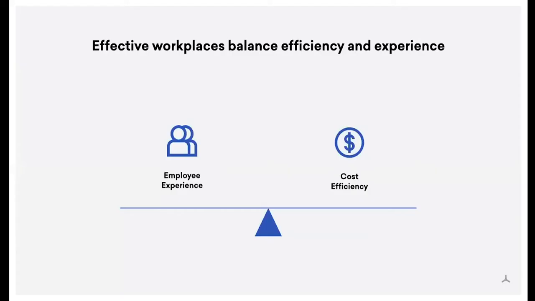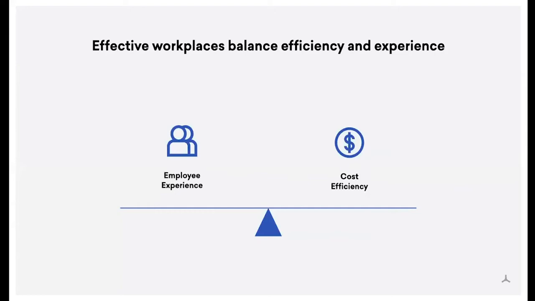Now, the problem is that in order to create an effective workplace, there are these two different ways, almost operating systems or mindsets that you have to have. There's the employee experience, which has almost become a buzzword in some ways, but it's this hospitality mindset of serving so that employees can choose your office, and it becomes a competitive advantage from a company perspective in recruiting and retention.